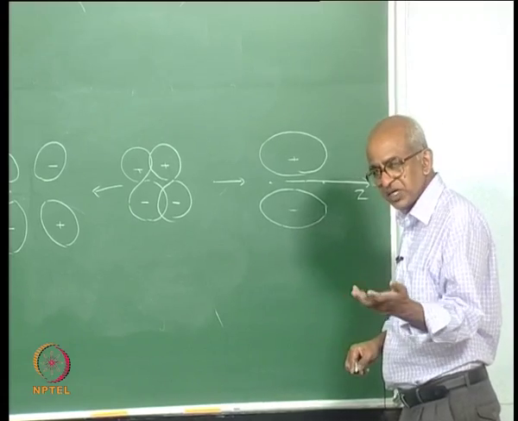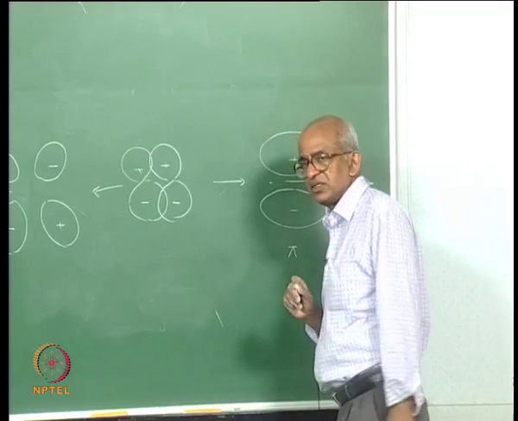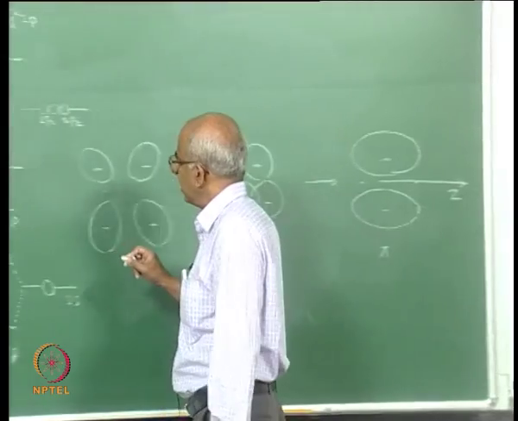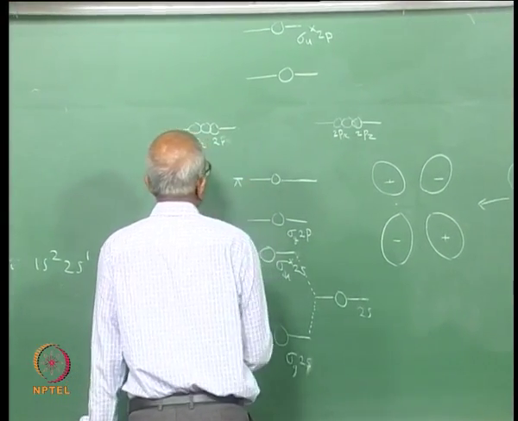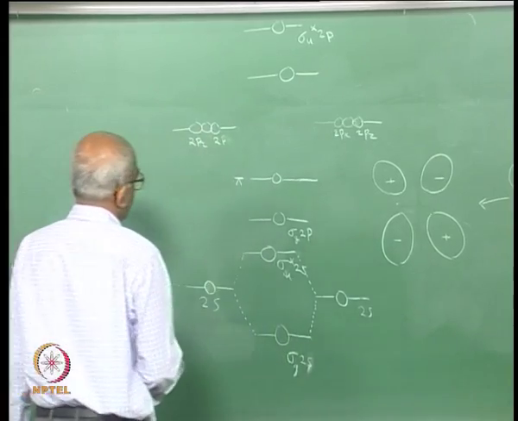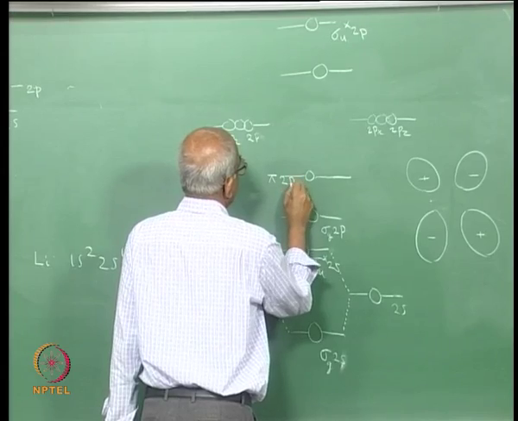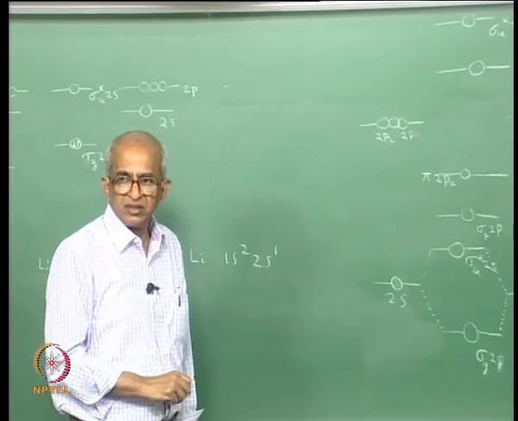So, orbitals which have this kind of symmetry, they are referred to as pi type molecular orbitals, right. So, therefore, this orbital is actually a pi type molecular orbital. Okay. It has come from 2px, its origin is from 2px, right.